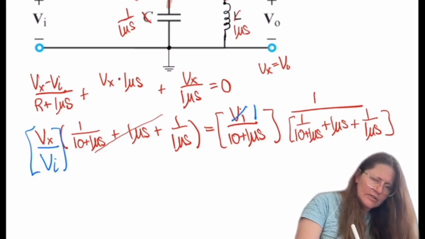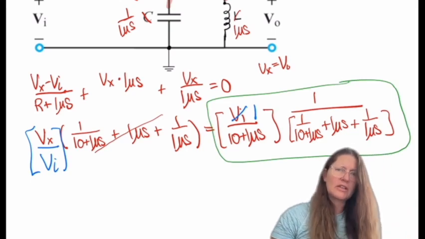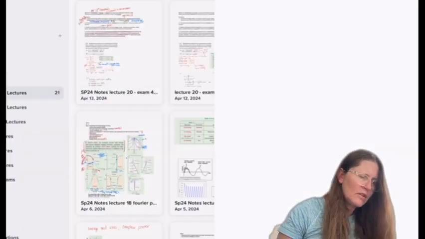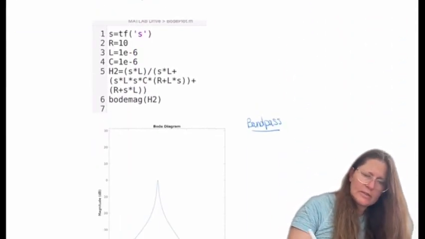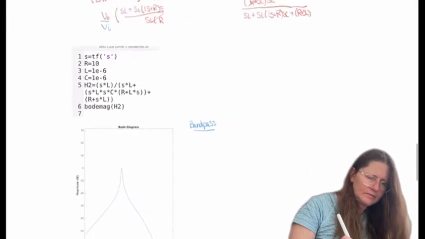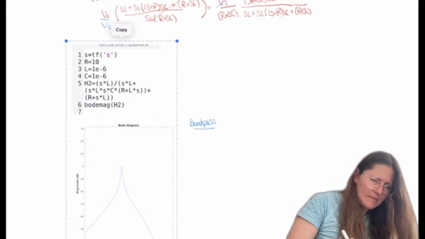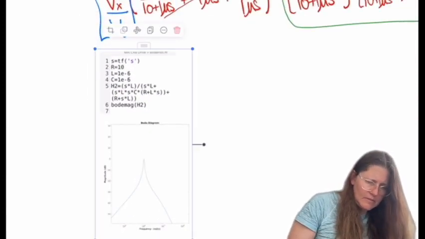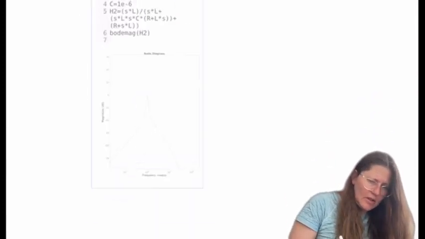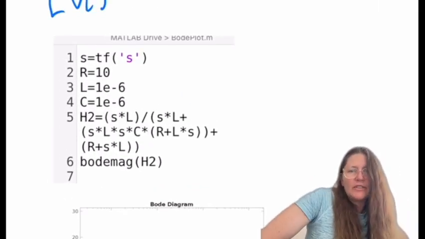So we take this quantity, or this portion of it, and we can type that into MATLAB. So I already did this, so this looks like, remember in MATLAB, you first have to define a transfer function variable.